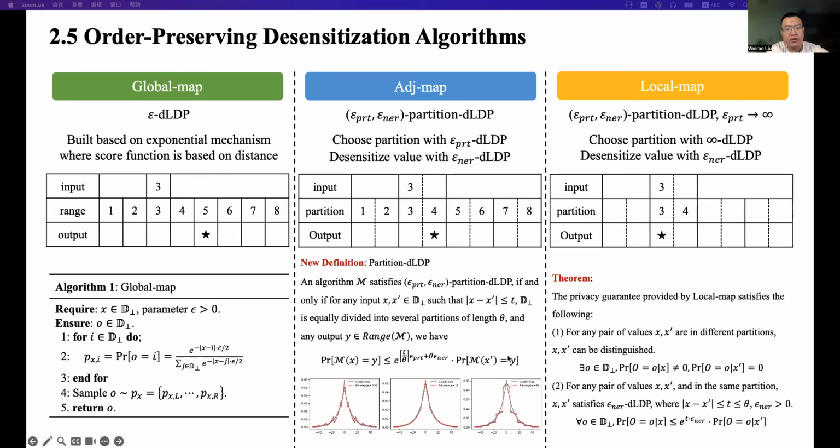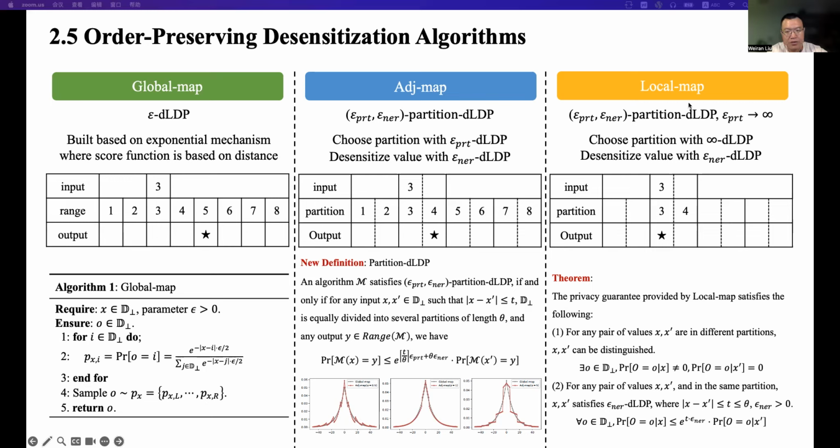We propose 3 order-preserving desensitization algorithms: global map, adjust map, and local map. Global map is based on the exponential mechanism, where the score function is defined based on the distance between the input and the candidate output. In adjust map, we split the privacy budget epsilon into epsilon partition and epsilon neighboring, where we choose the output partition with epsilon partition DLDP and desensitize the value with epsilon neighboring DLDP.